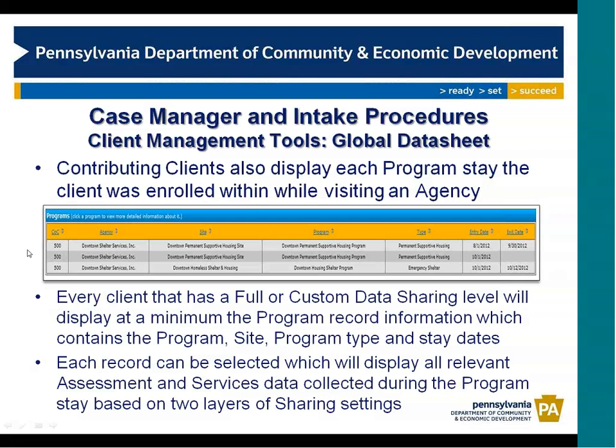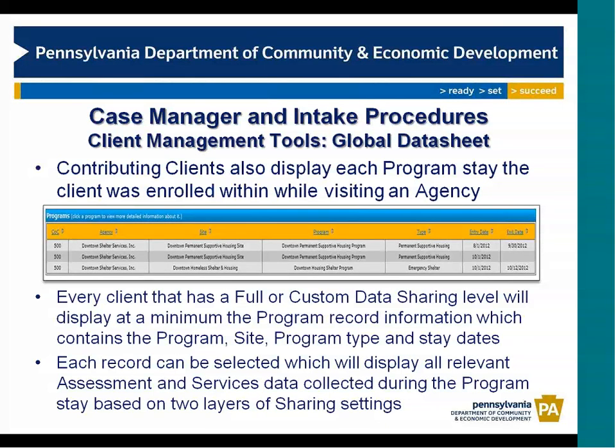Now, as with the client data sheet, where you can click on the individual program records and it opens up and shows a whole bunch of service and assessment-based data, the global data sheet provides that as well, except the information shown is dependent on a couple of sharing levels within the system. Back when we talked about the initial global data sharing policy, we had that one whole column, which was health, income, benefits, with a whole bunch of settings related to what assessment data they can share.